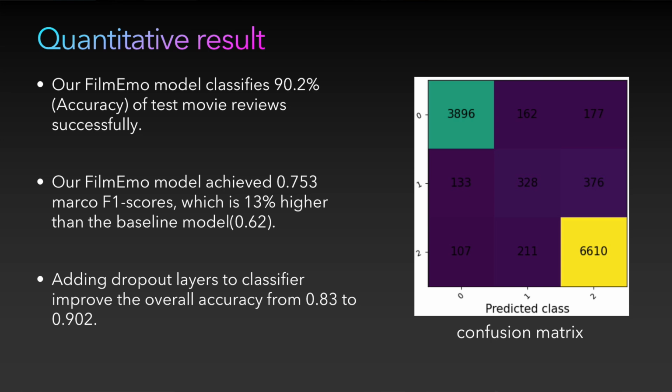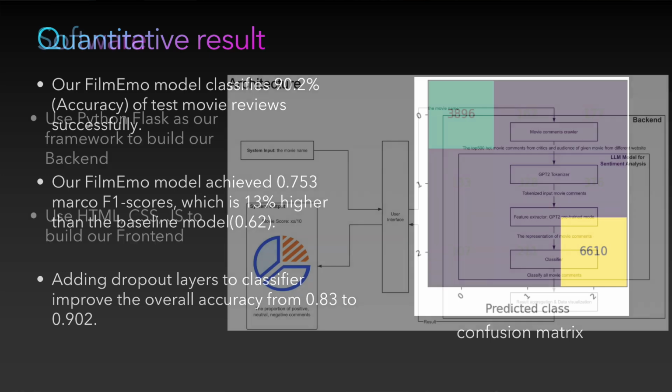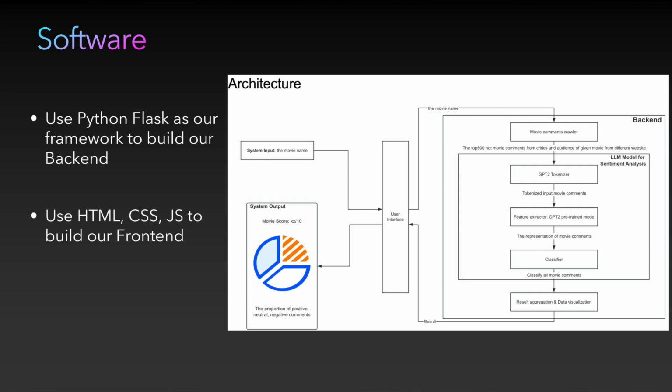We also found that adding a dropout layer to our model can significantly enhance the model performance by reducing overfitting.